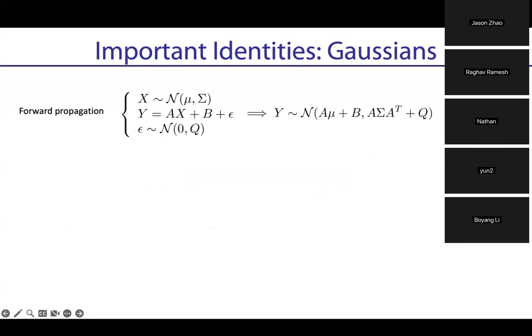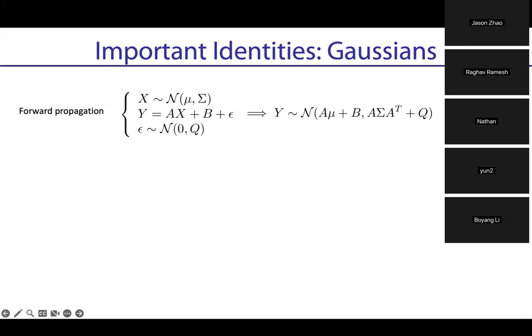So if I have X, which is sampled from a Gaussian with mean mu and covariance sigma, and I have another random variable Y, which is AX plus B plus epsilon, where AX plus B are just linear coefficients, and epsilon is noise sampled from a Gaussian with mean zero and variance Q. Q is just a matrix for the variance.